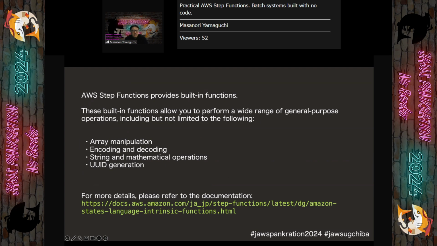However, for tasks like date calculation that are not supported, if that situation appears, you will need to use Lambda functions. For more details, please refer to the AWS documentation. So Step Functions has some built-in features.